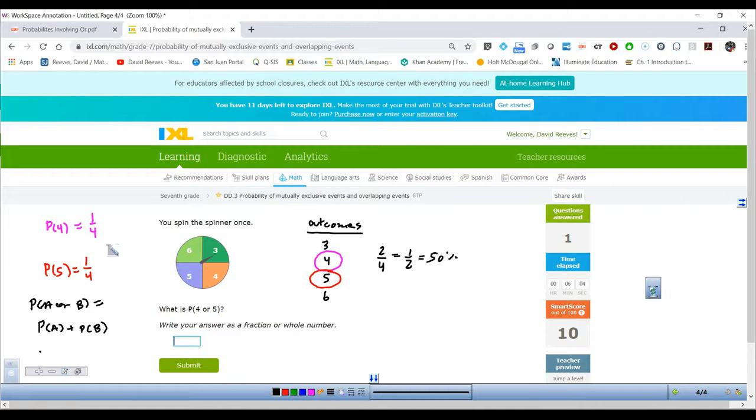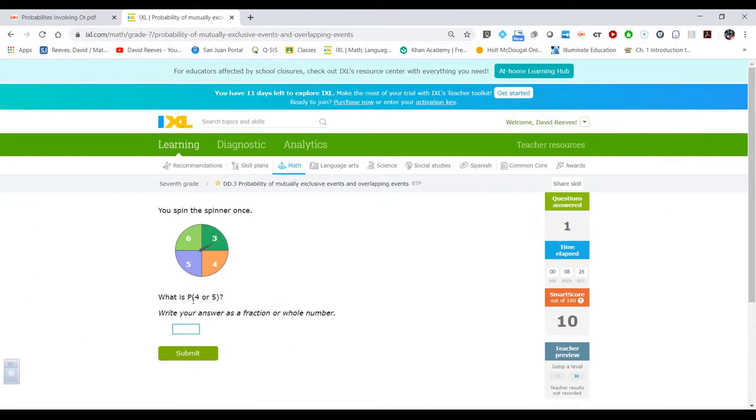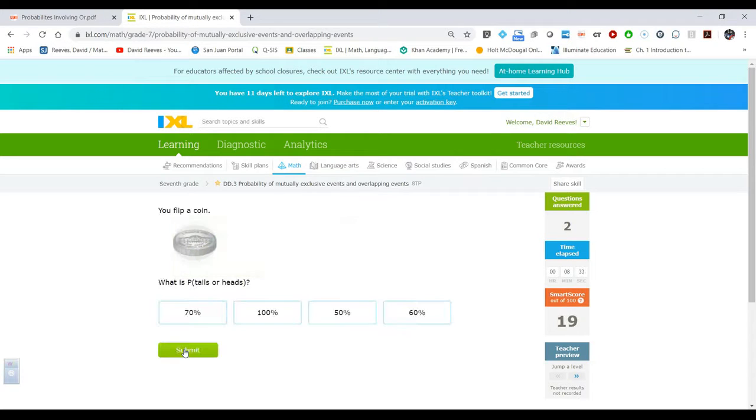And 1/4 plus 1/4 is equal to 1/2, which is 50%. So we can write our answer as a fraction or as a percent. In this case, we got a half.